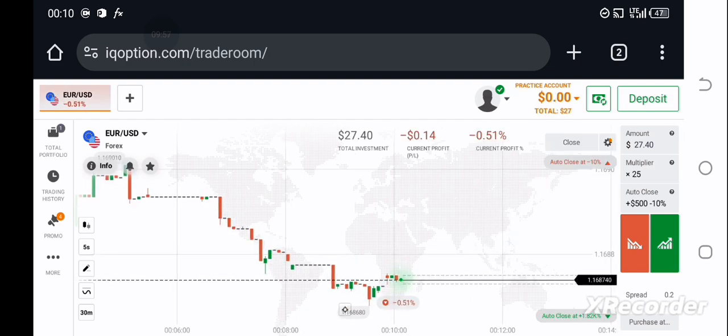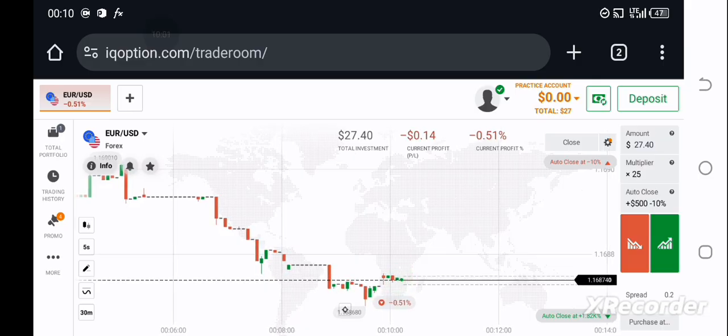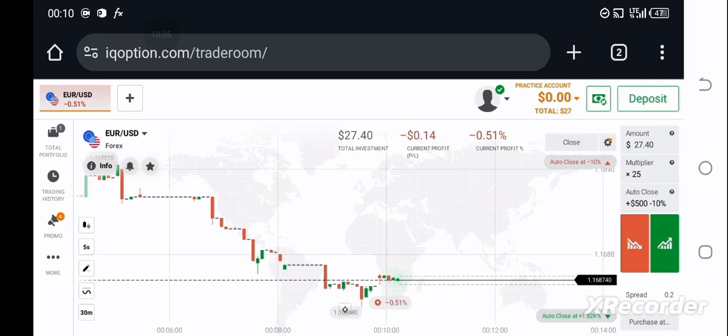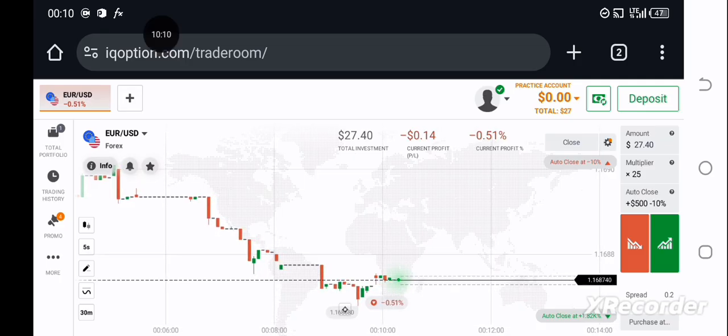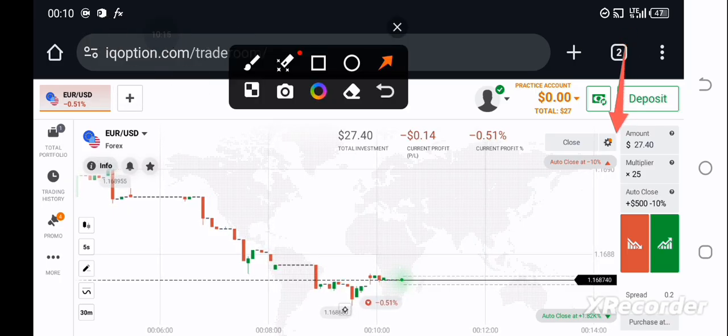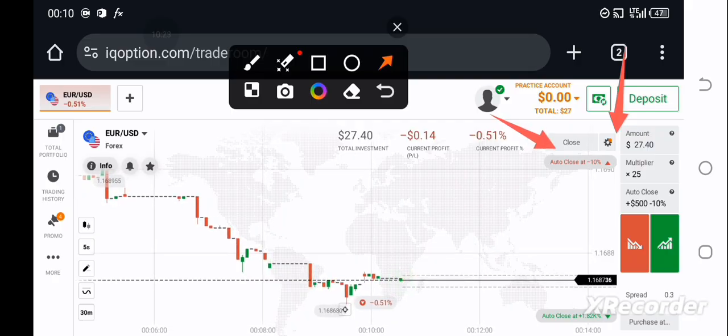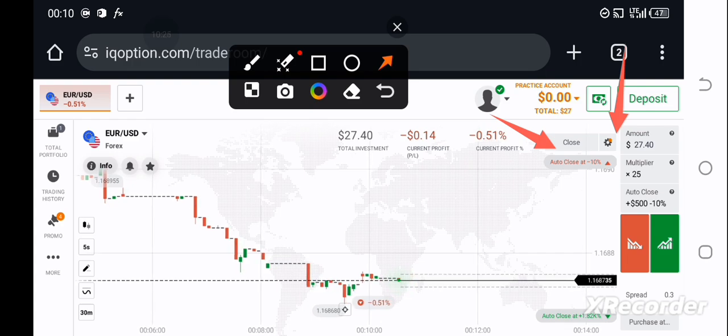You can see I just opened a position with sellers for the FX platform. Now, after opening a position, you can see this is a settings button, and this button that is written close, once you click it, the trade will close automatically.